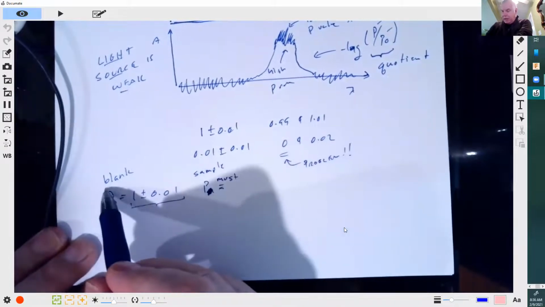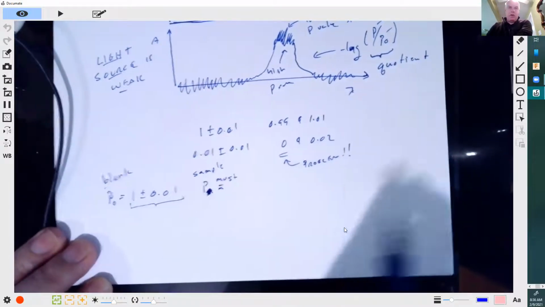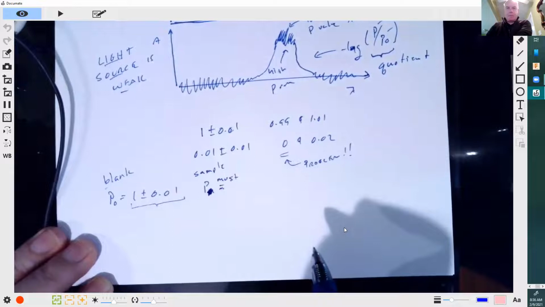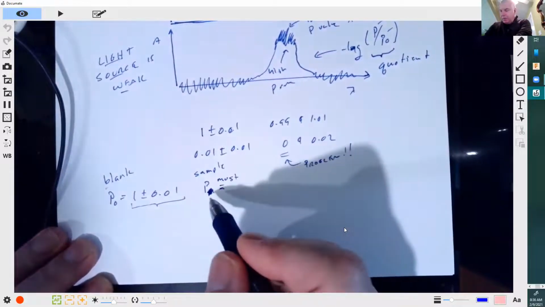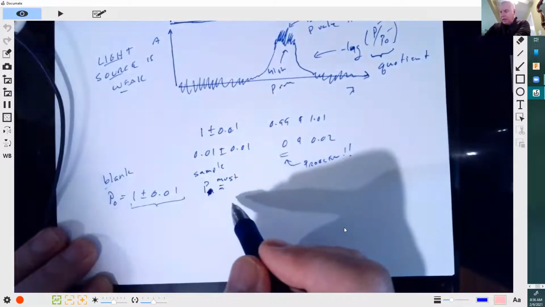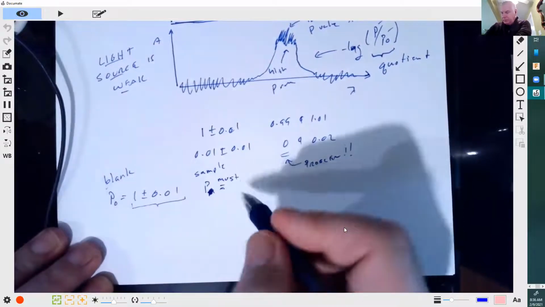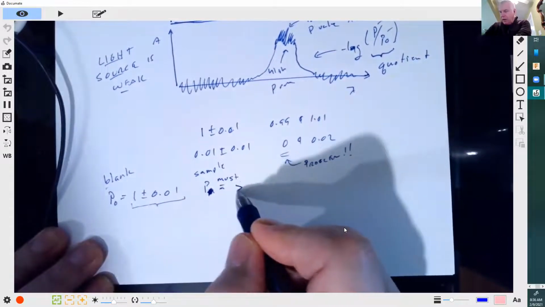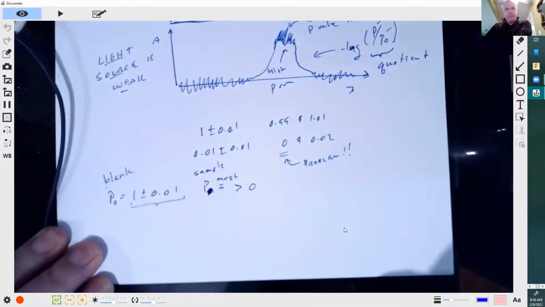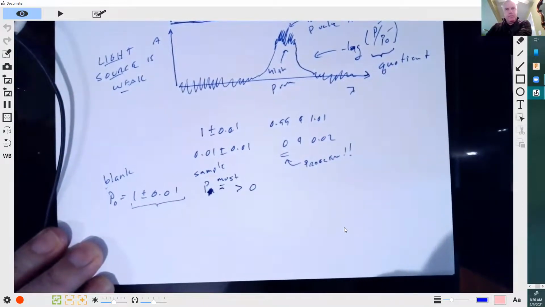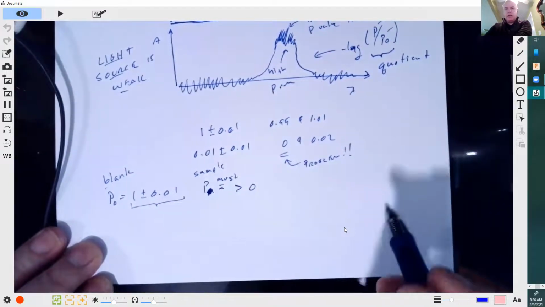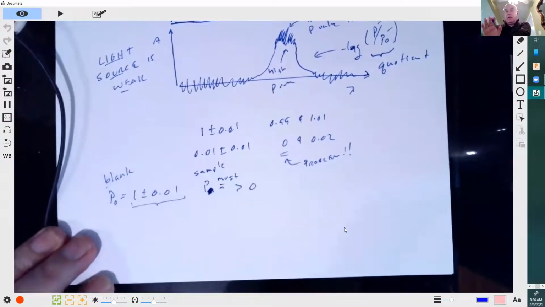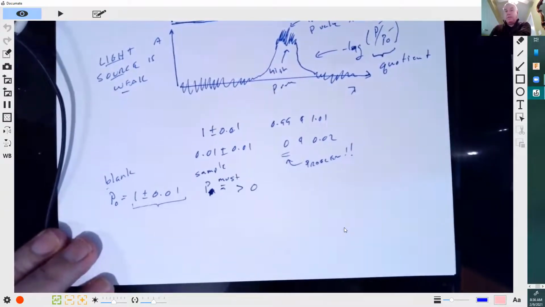So if the blank light power is 1 plus or minus 0.01, then the sample light power must be, well, first of all, it's got to be greater than 0, right? Power is single-ended, it has to be positive.